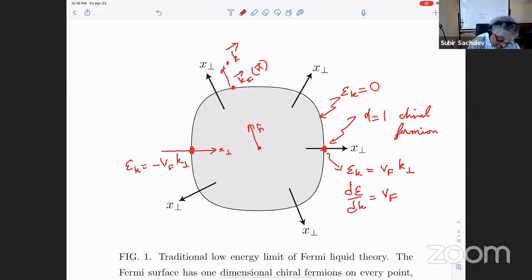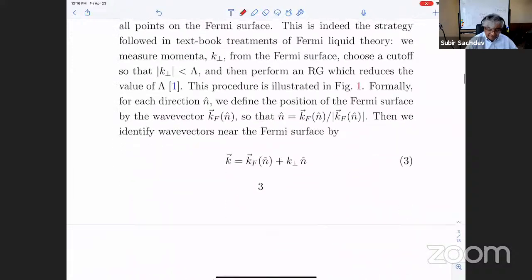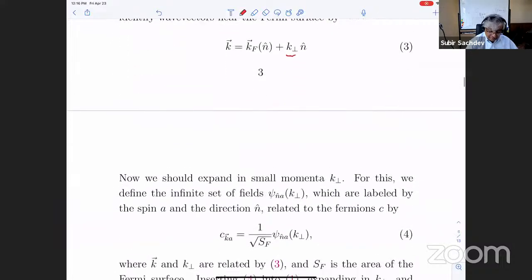And this distance here is what I'm calling k perp. So for every k, there's a unique point on the Fermi surface that is related to it, and it's a distance k perp from that Fermi surface.